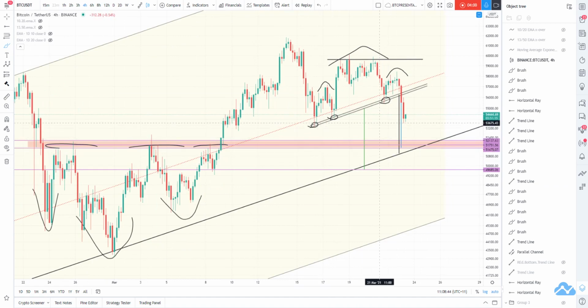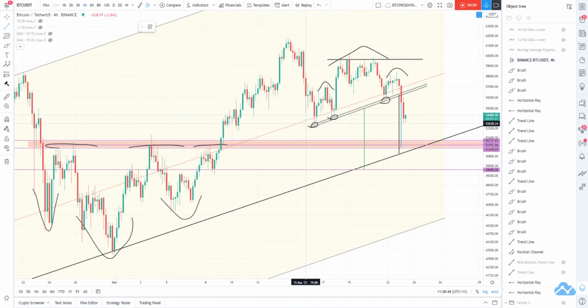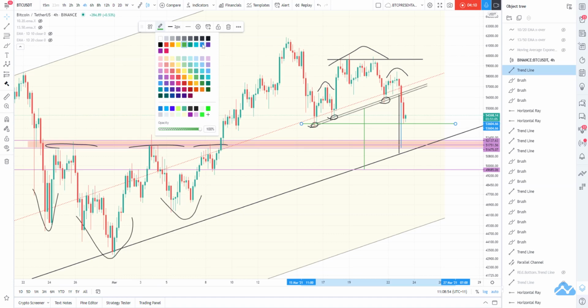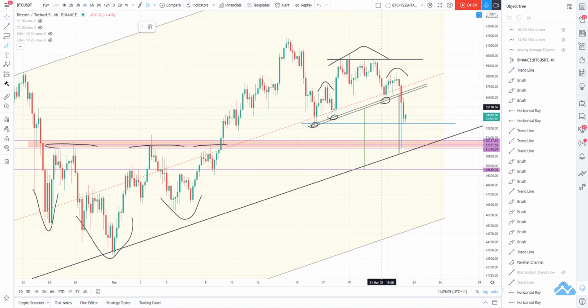So at this point, we have price matching this lower level. Make it blue. And what we're hoping for is a resumption of price moving up. However, you can see the resistance that is above us. So it's not going to be an easy play.